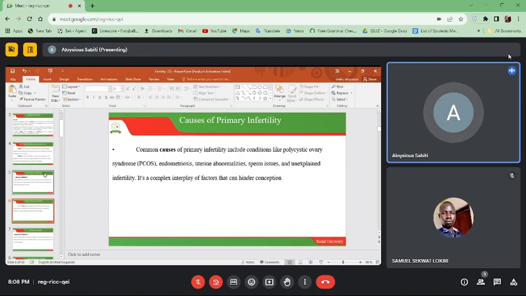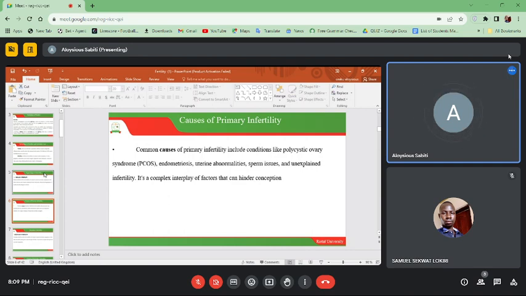Sometimes we're looking at some uterine abnormalities, so that someone may not be able to carry a particular pregnancy to term. We know very many of these causes. Sometimes it is as a result of low sperm counts or the inability for the sperm to swim to meet an ovum.